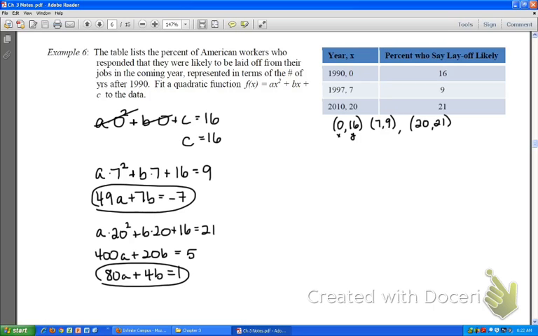I'm going to solve for B. I'm going to start out by subtracting my 49A, so I have negative 7 minus 49A, and then divide everything by 7. I get B equals a nice even negative 1 minus 7A.